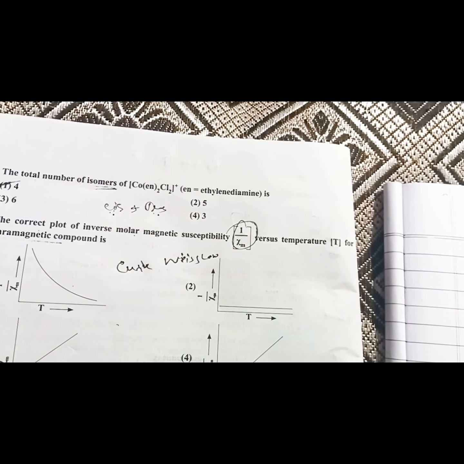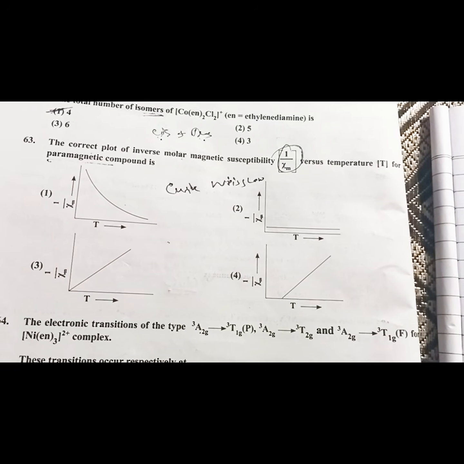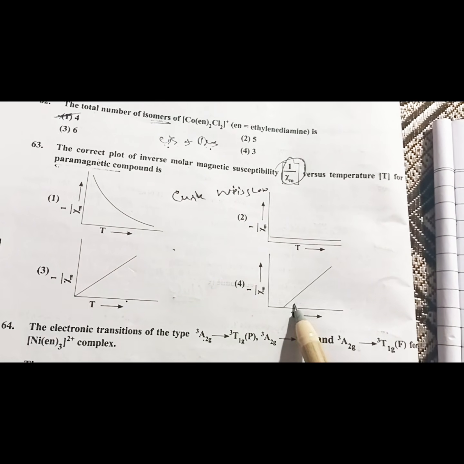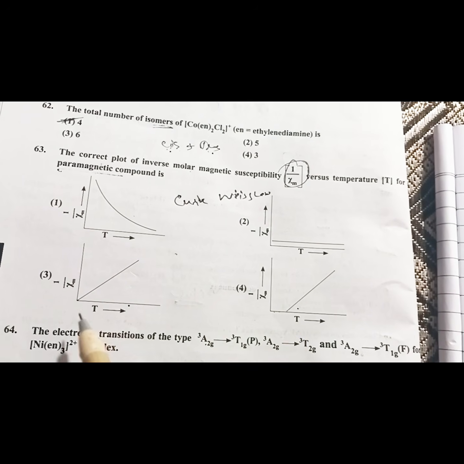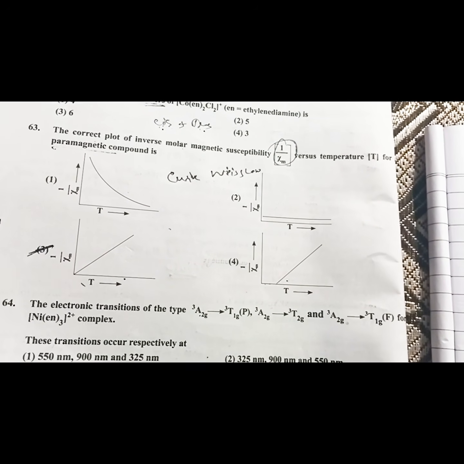Here there is an energy gap, so 3 will be right, since it increases linearly for paramagnetic substances.